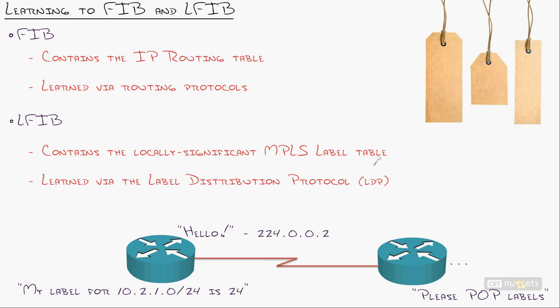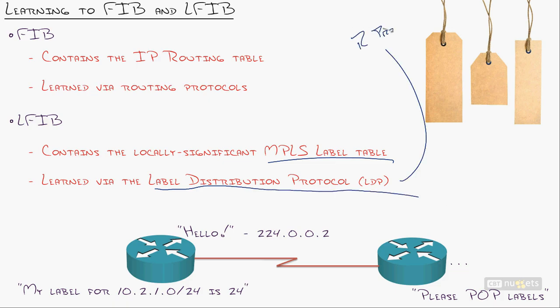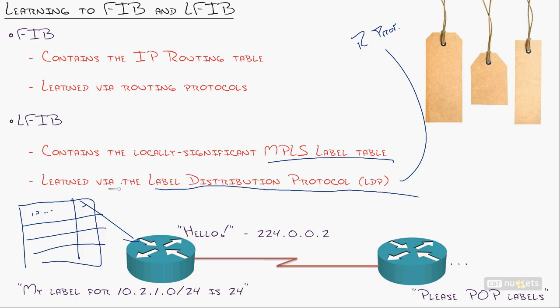So how does this label table thing work? Well, there's a key element called the label distribution protocol. Think of this as the routing protocol of MPLS. As soon as you turn on MPLS, these routers look at their routing table and generate a label for each entry. So 10.1.1 gets this label, this label, this label. It creates its own little label database that it locally has, and then it forms neighbor relationships using a multicast address 224.0.0.2.